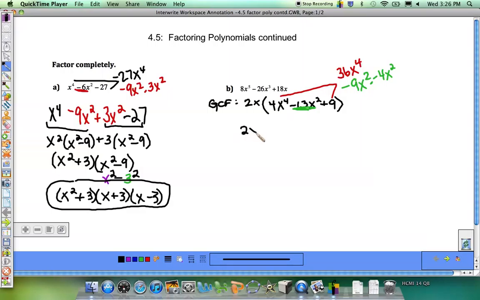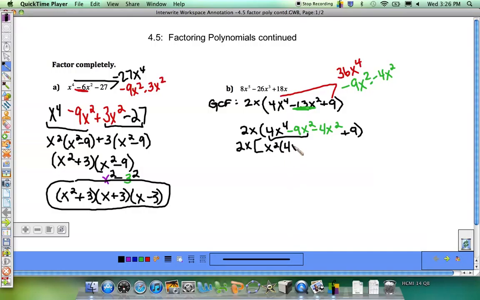So I've got 2x, 4x to the fourth, minus 9x squared, minus 4x squared, plus 9. And then I'm going to group inside of there, so I keep that 2x out front. The first two have an x squared in common.